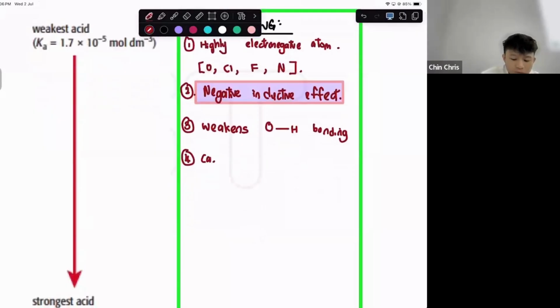Which means, guys, the carboxylate ion form is more stabilized or less stabilized? It's more stabilized.